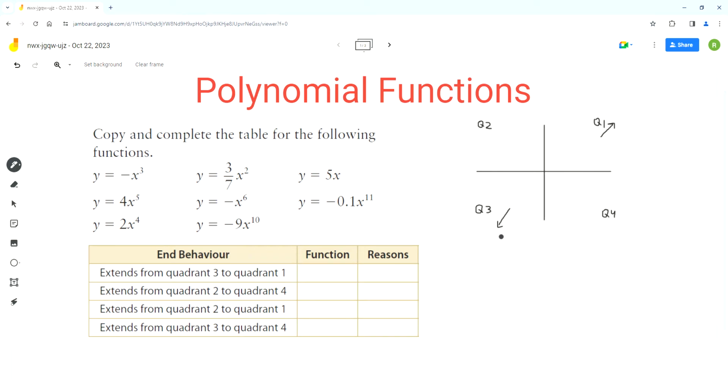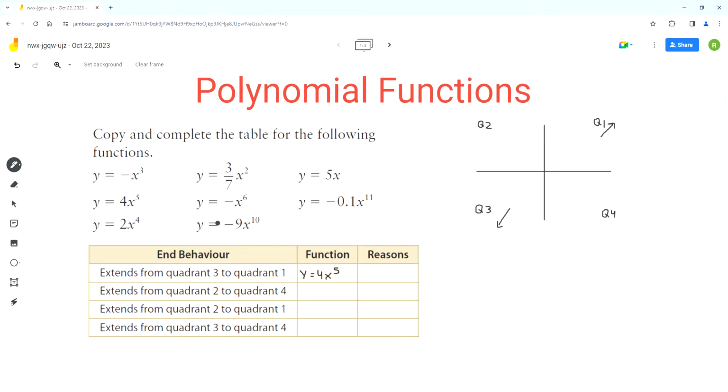This function crosses through the x-axis, and as we go from left to right, the graph goes up. So that means this function should have an odd degree and a positive leading coefficient. So the first one is y equals 4x to the power 5.